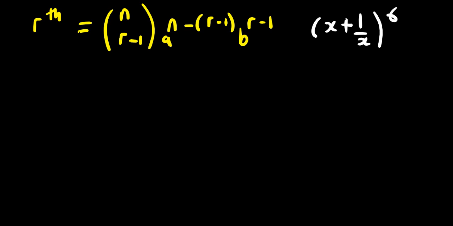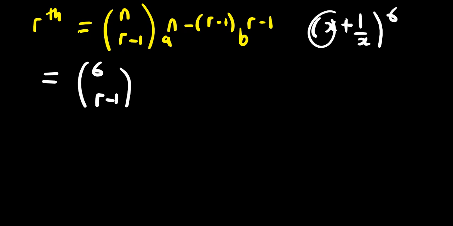We're going to say the power in this case, which is our n, is 6, so it will be 6 choose r minus 1, we don't know what r is. a in this case is x, b is 1 over x, so I can write my a, so this will be x.